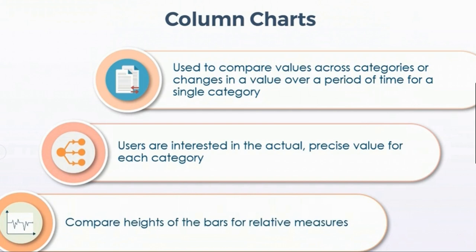Column charts are used to compare values across categories or changes in a value over a period of time for a single category. If users are interested in the actual precise value for each category, then we should go for a column chart. In a column chart, we can compare heights of the bars for relative measures.